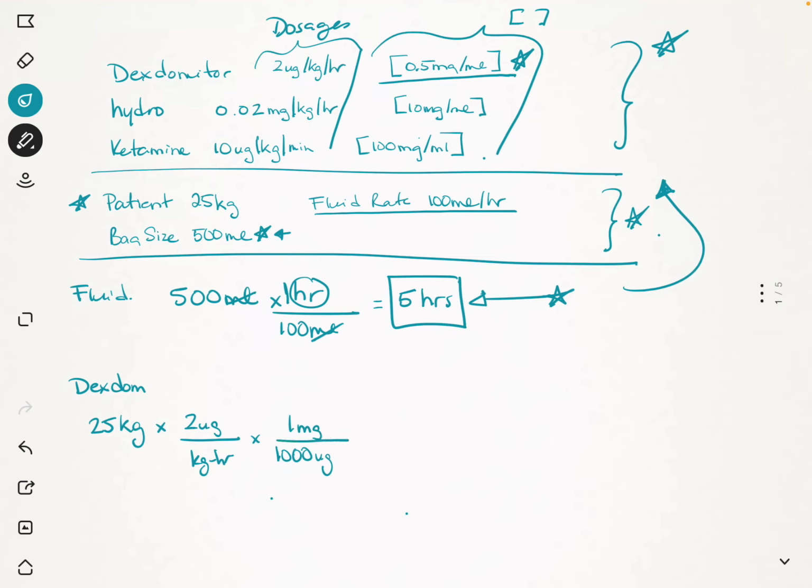So now we can go ahead and we can add our concentration of the drug. So 0.5 milligrams in 1 ml. And then remember we said this bag is going to last us 5 hours. So once we have the mil amount, we can then times it by 5 hours to get the total volume for the 500 ml bag.